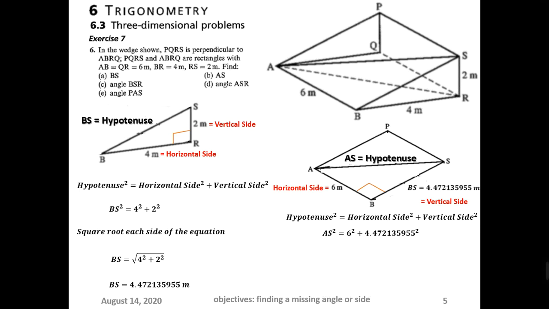Don't insert this in the calculator yet. AS is equal, square root each side of the equation, and this will bring AS down to square root of 6 squared plus 4.47 to the power of 2. Now you insert this in the calculator and you will end up with AS equal to 7.48331477 meter.